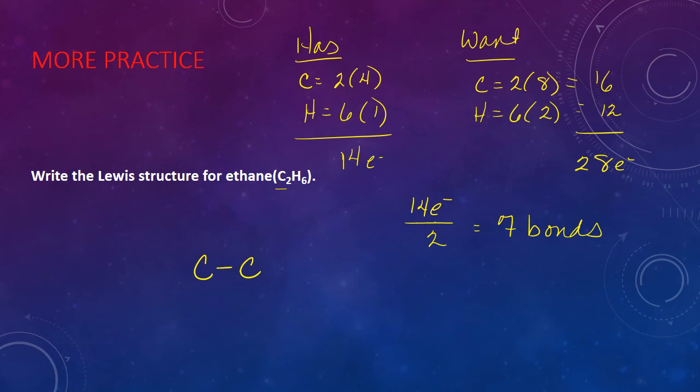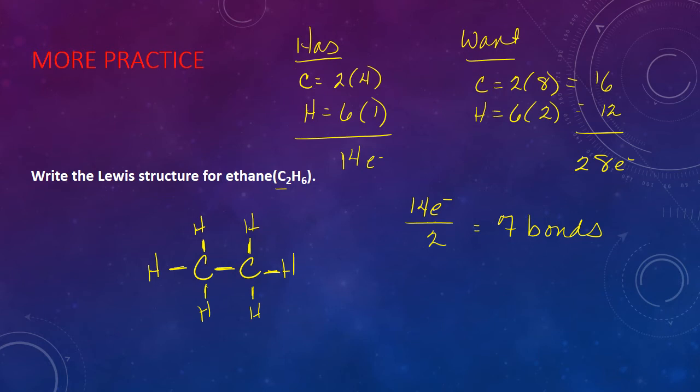I've done 1 bond, so I need 6 bonds more. 1 bond, 2 bonds, 3 bonds, 4 bonds, 5 bonds, 6 bonds. Well, that satisfied my 7 bonds. Did I place all the electrons? 2, 4, 6, 8, 10, 12, 14. Oh, that wasn't that hard, was it?